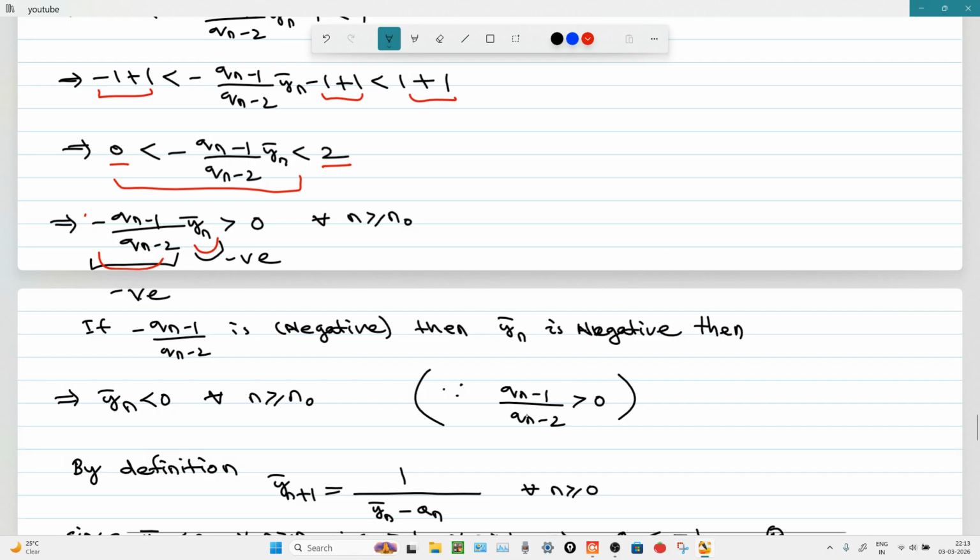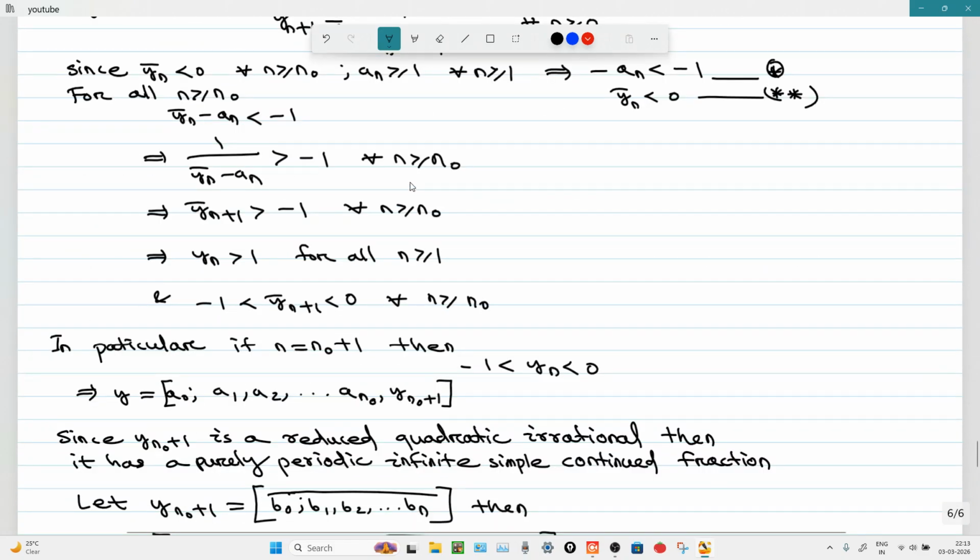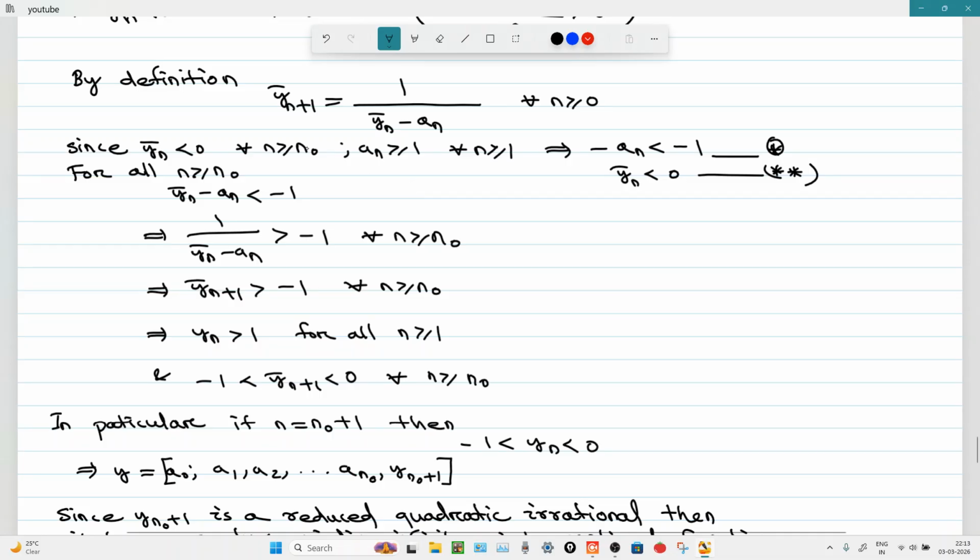Since q(n minus 1) divided by q(n minus 2) is greater than or equal to 0, by definition y(n plus 1) equals 1 by (yn minus an), for all n greater than or equal to n0. Since an is greater than or equal to 1 for all n greater than or equal to n0, it is negative, less than or equal to minus 1.